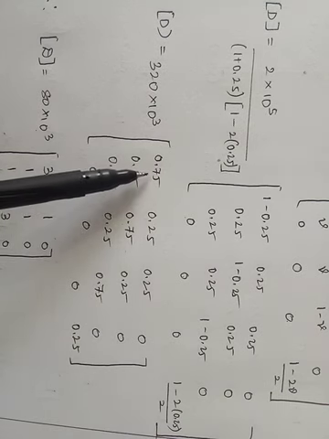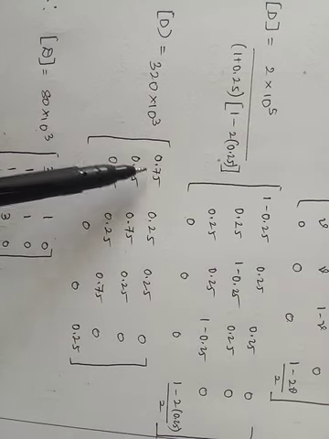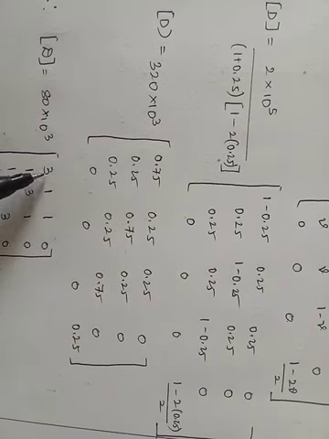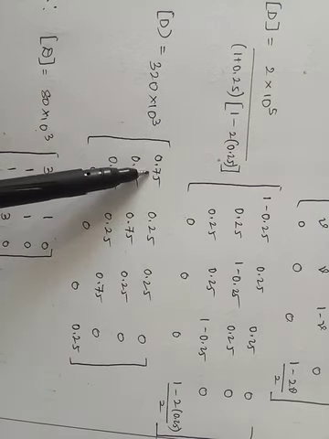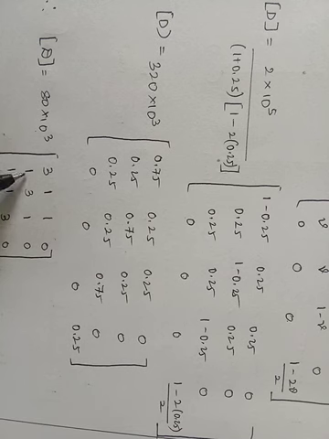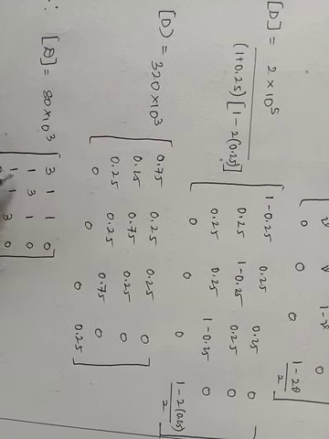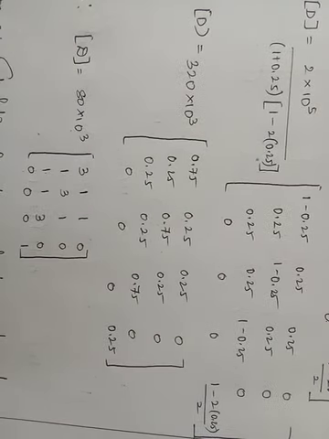Since I have taken 0.25 as common, here we'll get 3, because 0.25 into 3 will be 0.75. Here, I have taken 0.25 as common, so it will be 1. Here also it will be 1. The remaining elements will be 0. So wherever there is 0.25 you need to write 1, and wherever there is 0.75 you need to write 3. Right? Now why am I doing all these things?